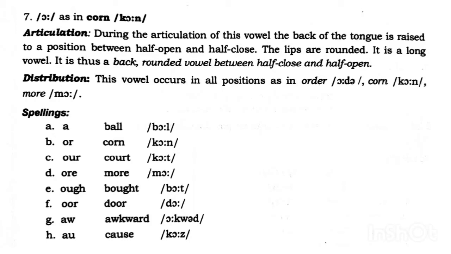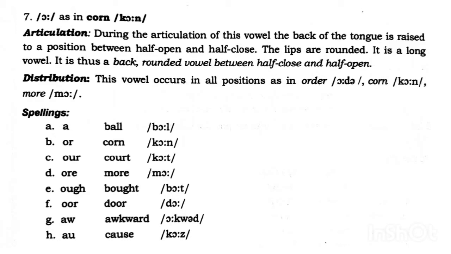O, U and R stand for the vowel sound O. R is again silent. Next one, more. Here three letters O, R and E stand for the vowel sound O and R is again silent.